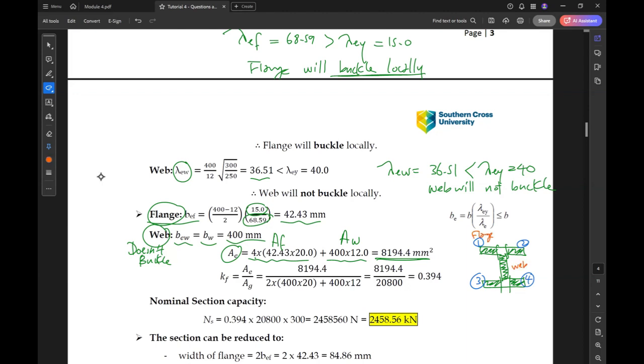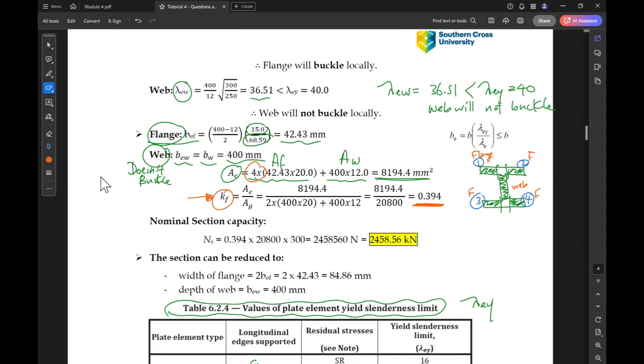So this is flange 1, flange 2, flange 3, flange 4. So 4 times these values plus area web equal to this. So the form factor Kf equal to area effective over area gross. So it will be 0.394.